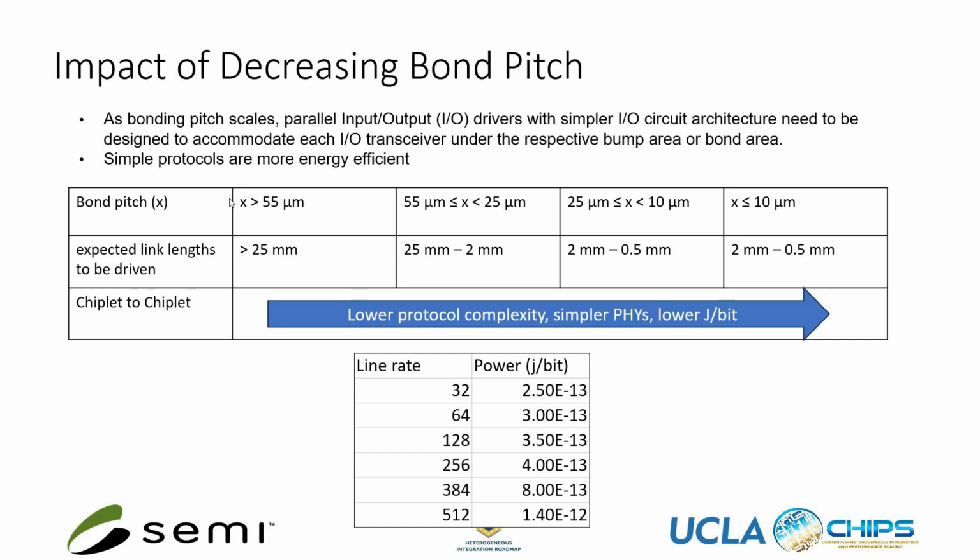The advantage of going for wider, slower buses is that your power in joules per bit goes down as your line rate goes down. And your protocol complexity can go down, which means you have simpler PHYs, which are likely to fit under the smaller and smaller bumps as your bump area goes down.